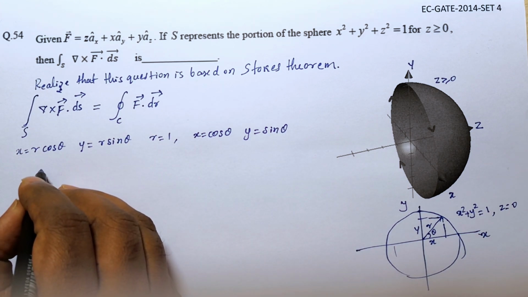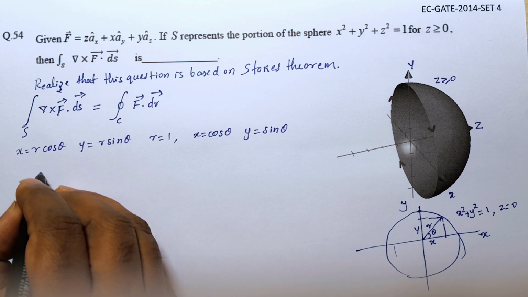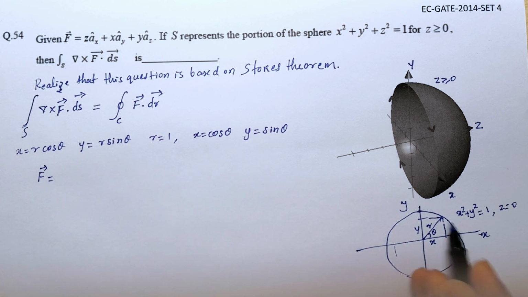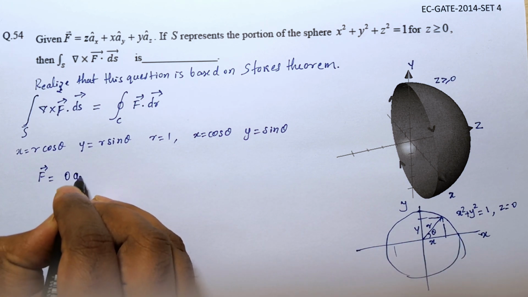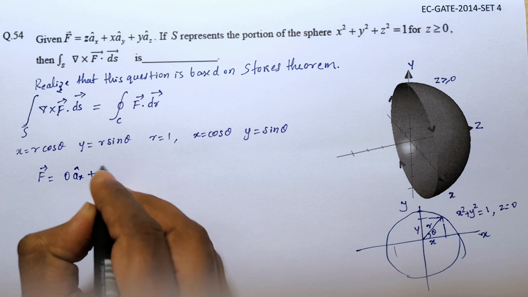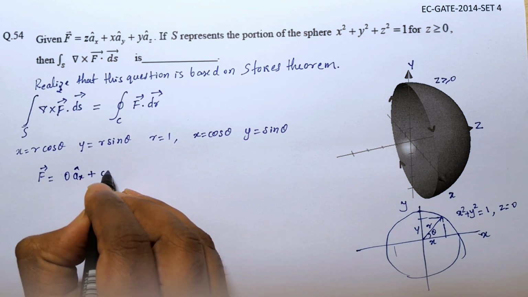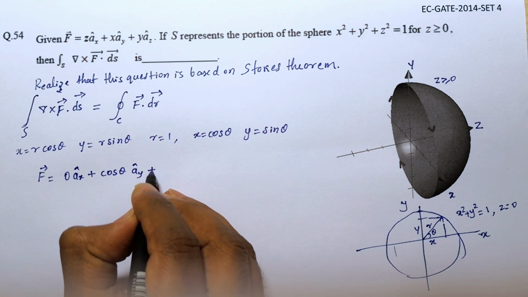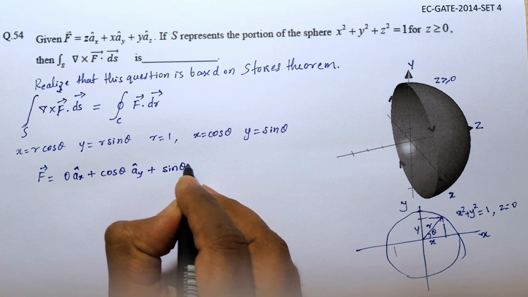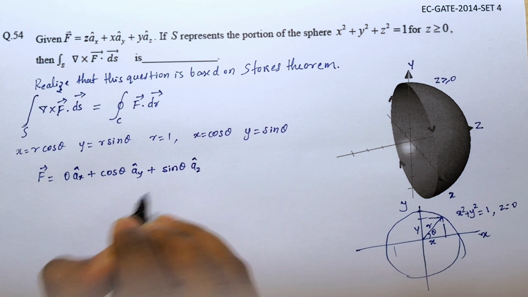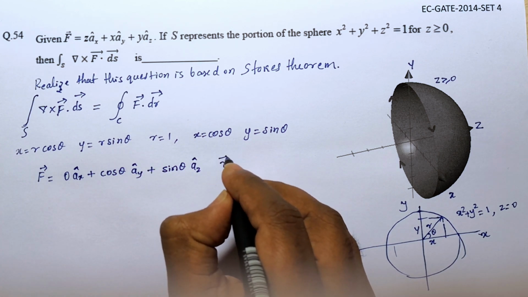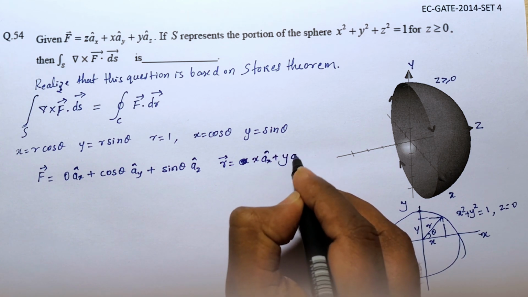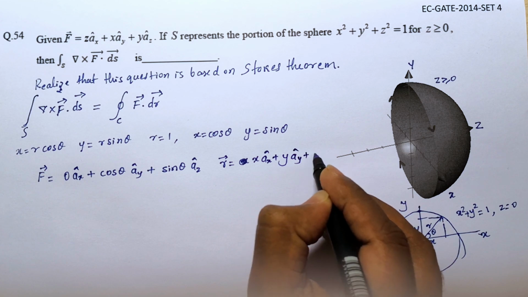So we have F equal to z, which is 0 in this case, so 0 a_x plus x, and x is just cos theta, a_y plus y, which is sin theta, a_z. And the vector r is x a_x plus y a_y, and z is 0 anyway.